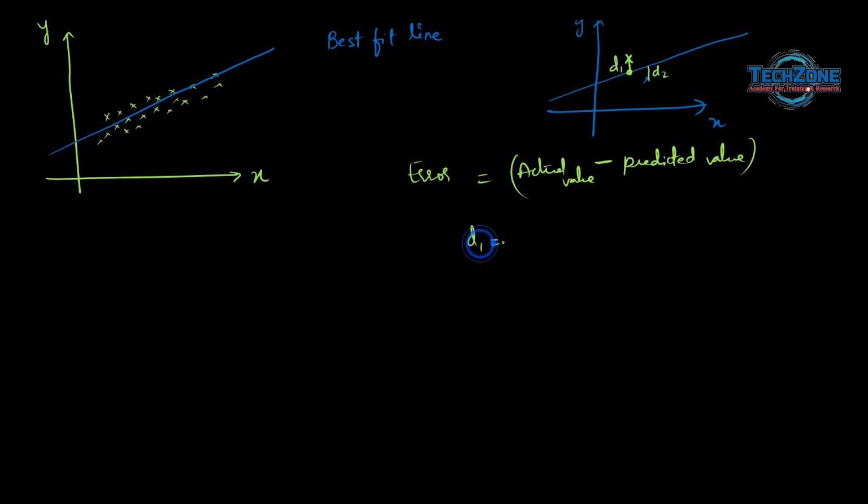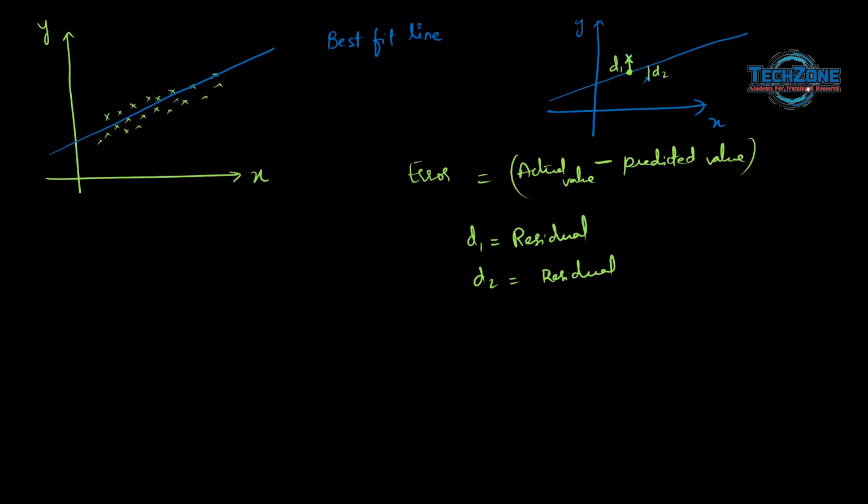So this d1 is also called a residual. This is the first residual and d2 is the second residual. All right, so the sum of all these errors should be minimum.